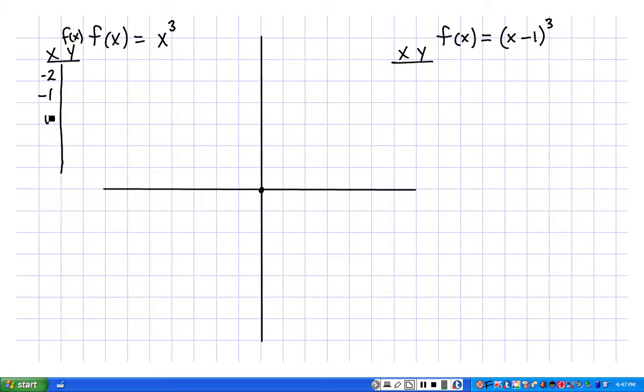-2, -1, 0, 1, 2. So at -2, y would be -8. Okay, -1, you get a -1, 0, 0, 1 you get a 1, and 2 you get a +8. Alright, so now we come over here, same numbers.